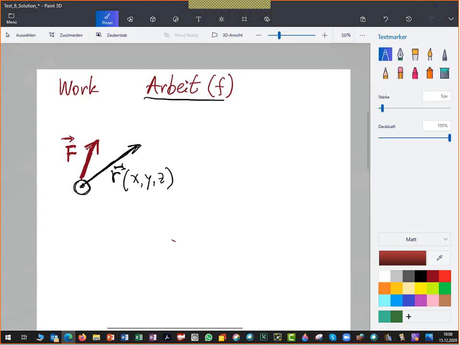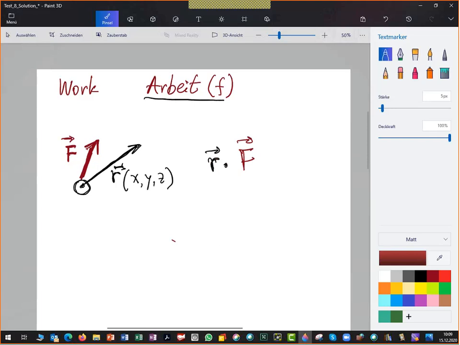And in this case, they have introduced in physics a special value, which is, we say that we have these two vectors, vector r and vector F, and we multiply them as scalar products.